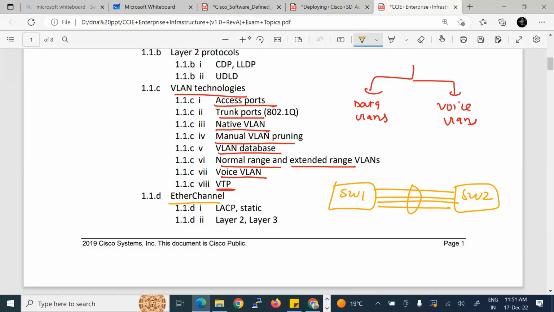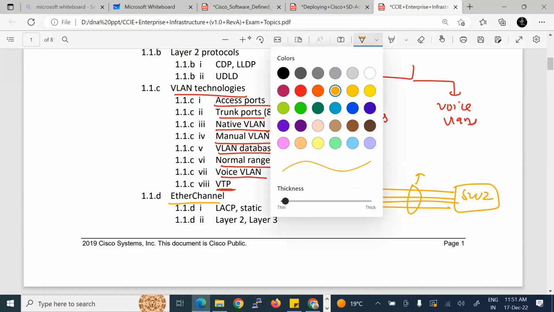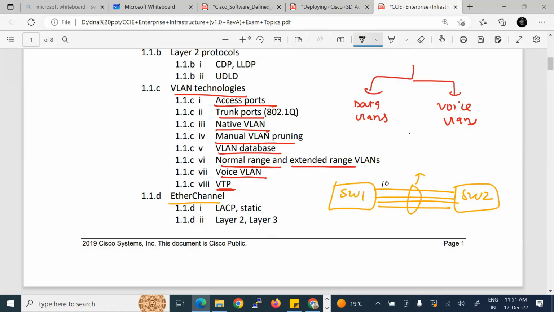Now you can see in EtherChannel, we have four links of Fast Ethernet: 100 Mbps, 100 Mbps, 100 Mbps, and 100 Mbps. If we connect 4 links together, we will have a total of 400 Mbps bandwidth, right?